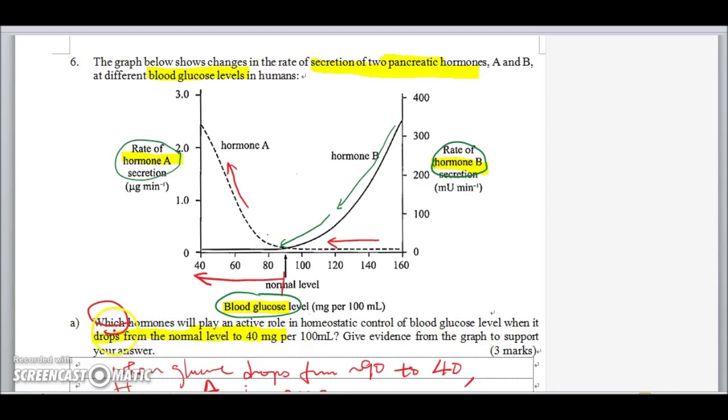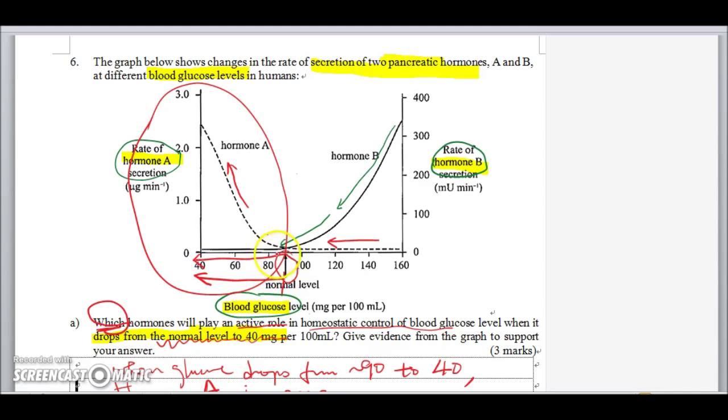Question A, which hormone plays an active role in control of blood glucose level when the level drops from normal to 40? Normal here, and then it drops to 40. So we look at the changes on this side only. What happened? The glucose level changes from there to there.